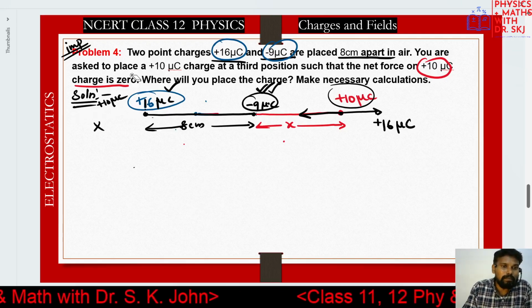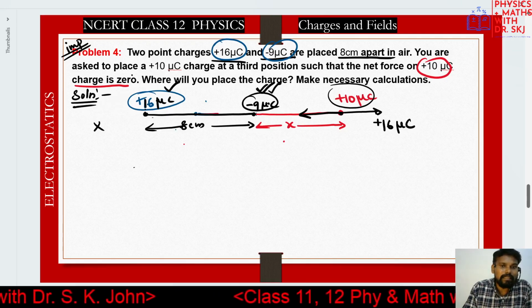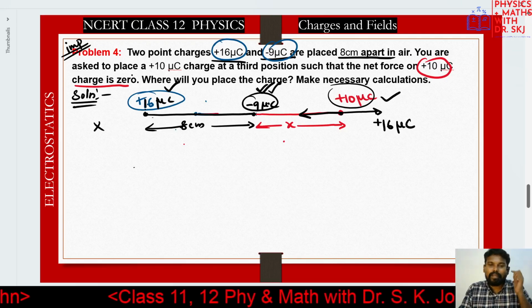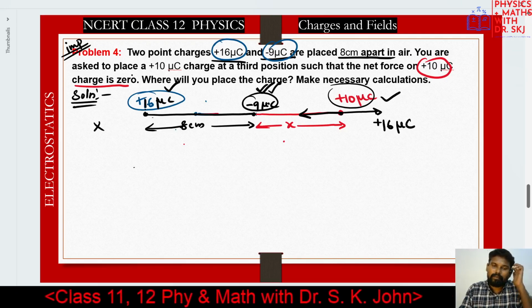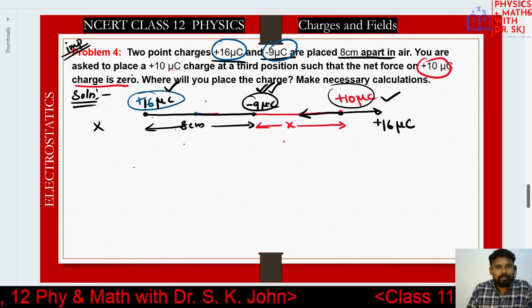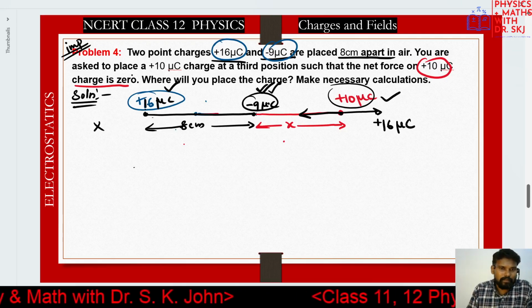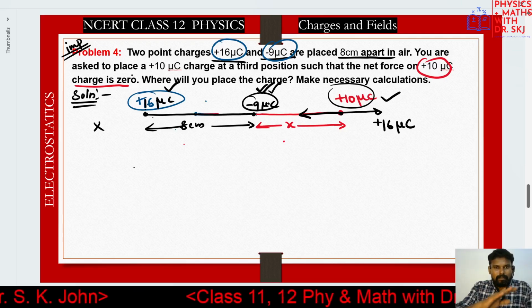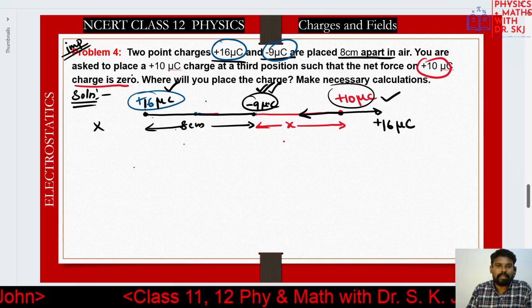So the only possibility in this case is on this side. And now we have to find the distance x. That is our question. So we understood that we have to place the plus 10 microcoulomb charge beyond the minus 10 microcoulomb charge on its side.